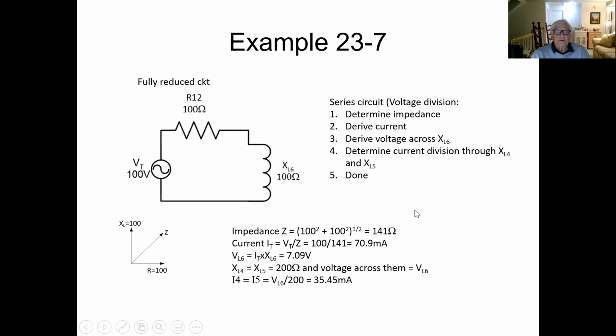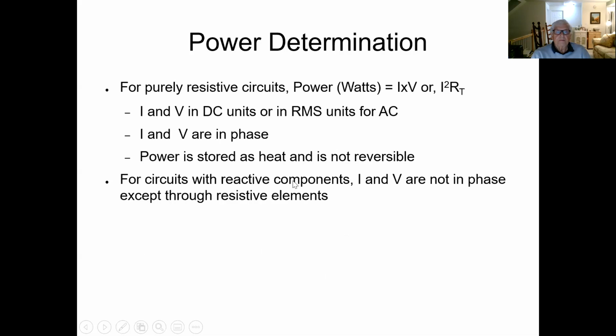And we continue to go backwards that way. If we use purely resistive circuits for power determination, we get power in watts, I times V, or I squared times R total, in DC units, or in RMS units for AC, but I and V are in phase.